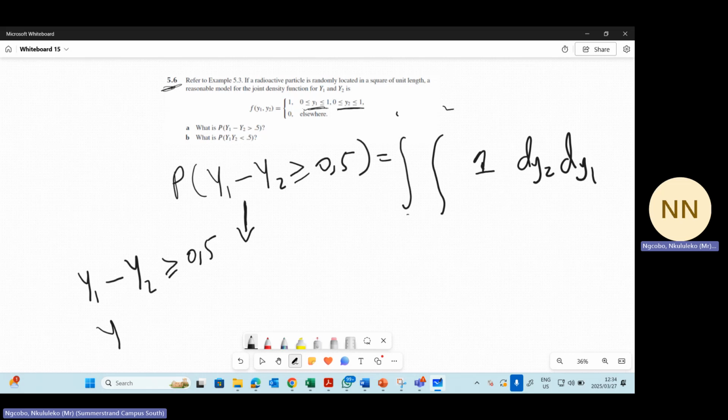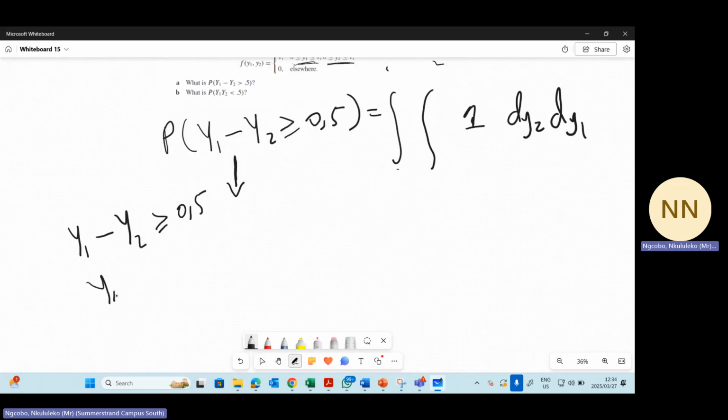If you make y1 the subject of the formula, y1 is greater than or equal to 0.5 plus y2. So just from looking at this, you could see that y1 starts from 0.5 plus y2, because it's greater than.